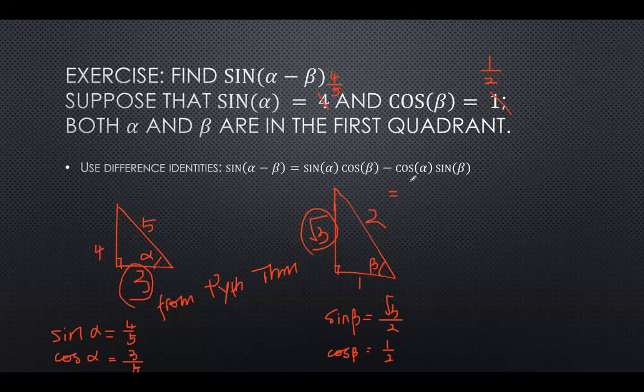Right, so sine alpha is 4 over 5, multiplied by cosine of beta, which is 1 over 2, minus cosine of alpha, which is 3 over 5, times sine of beta, which is radical 3 over 2.